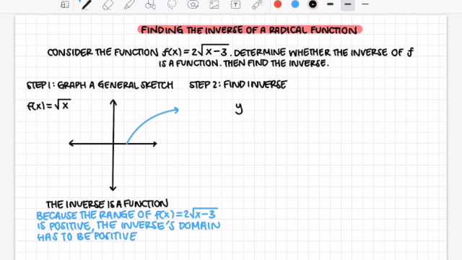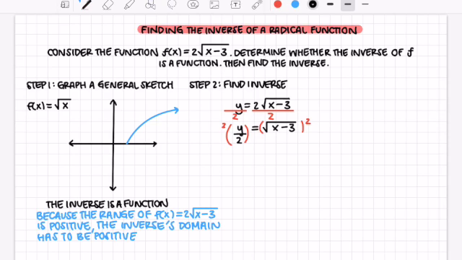If we have here y equals 2 square root of x minus 3, I'm going to start off first by getting rid of the 2. That's going to divide 2 to both sides, and I'm left with y over 2 equals the square root of x minus 3. Then to get rid of the square root, I am going to square both sides.